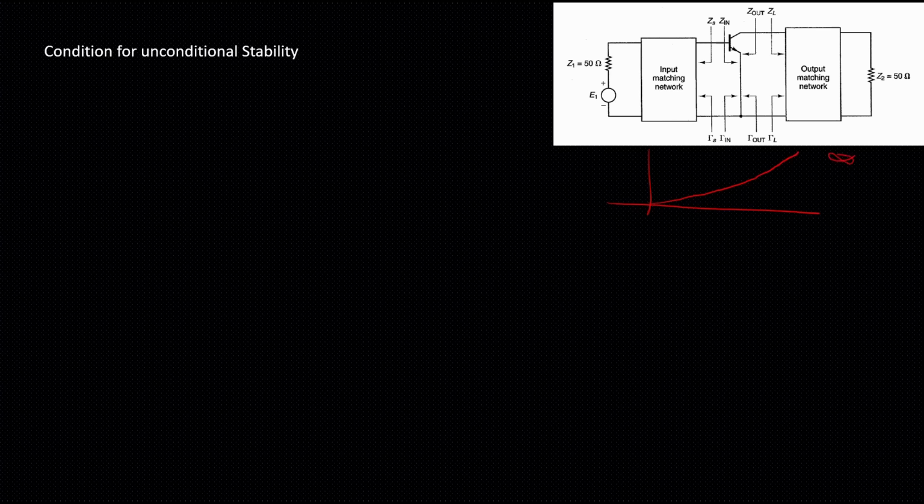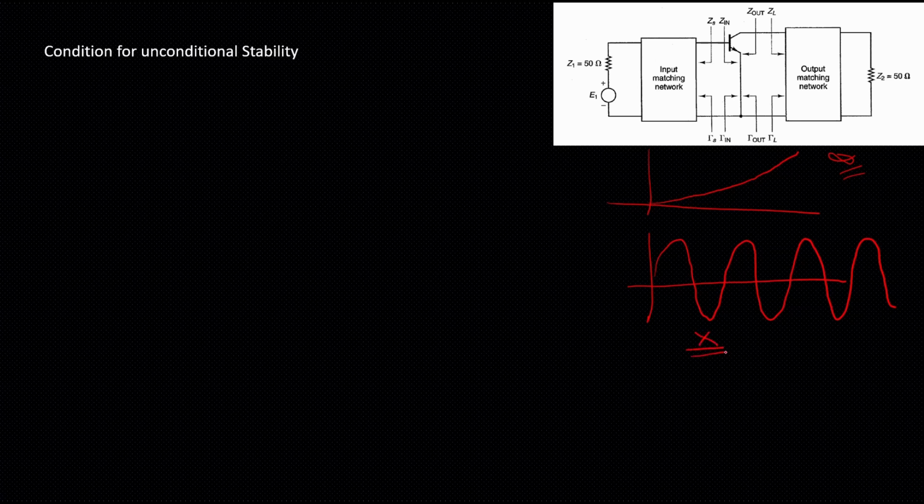But in practice, we won't get infinity; what we get is some oscillation behavior from our device. And this is the method by which oscillators are designed. But as we are designing a microwave amplifier, we need to avoid this oscillation or unstable behavior.